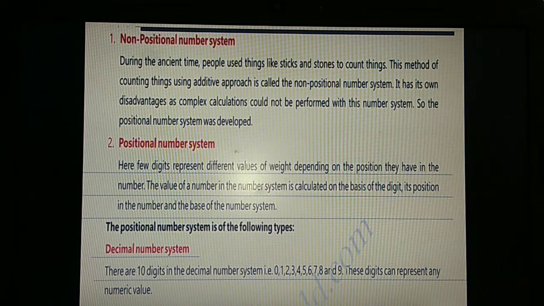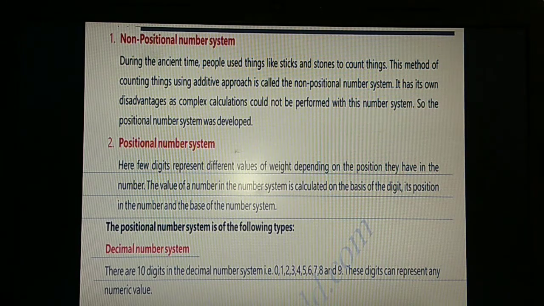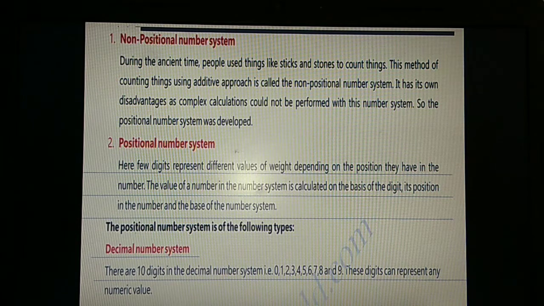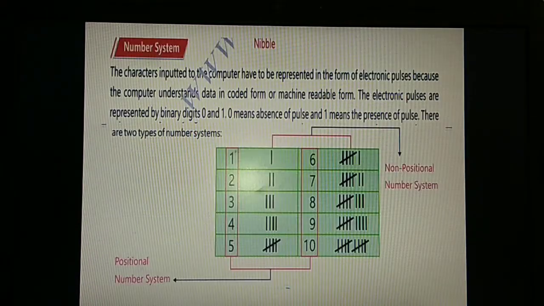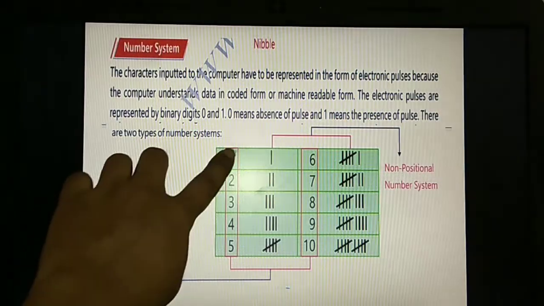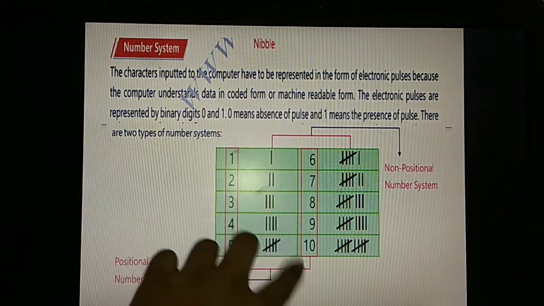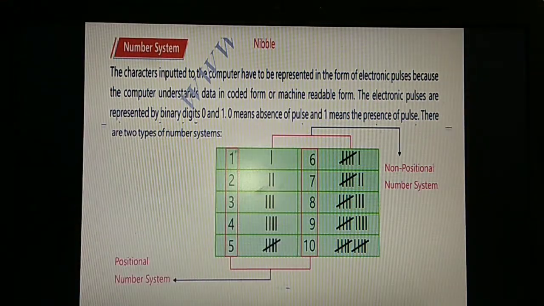Positional number system, look into positional number system. Here, digits represent different values of weight depending on the position they have in the number. I told you the positional number system is your normal numbers starting from 1 to 10.